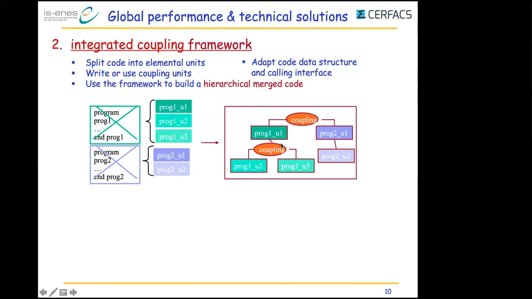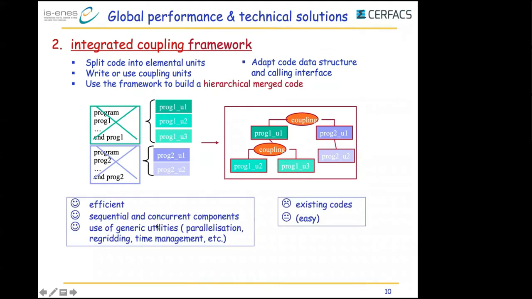And this is typically what is done with ESMF that I will present after. And you see that when you rebuild your new code, you can decide to run your units either concurrently at the same time on different sets of resources, or one after the other on the same resources. So this can be quite efficient.